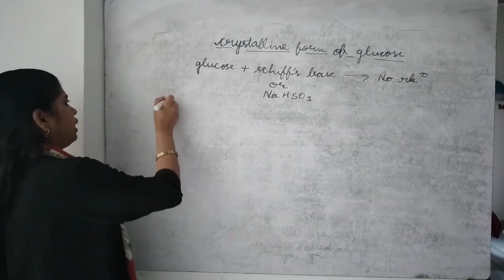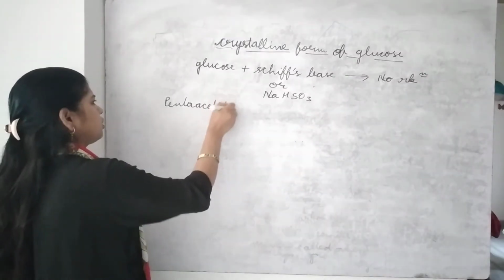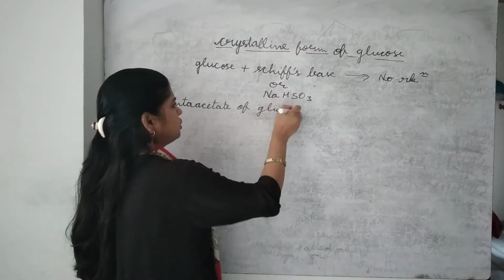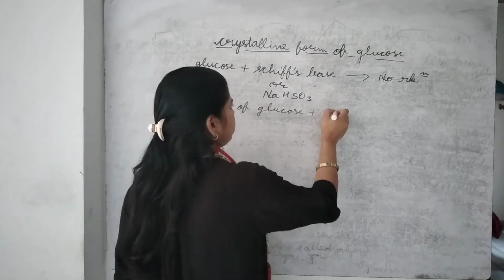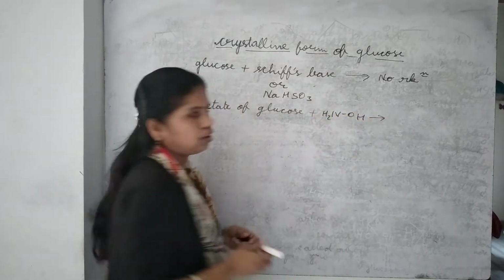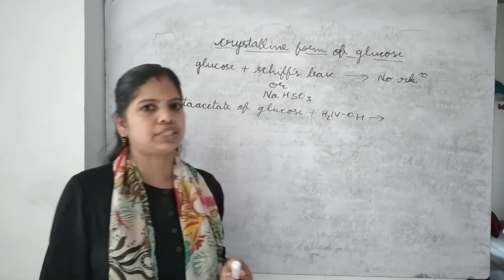Or if we take the pentaacetate of glucose and it is going to react with hydroxylamine. We had done the confirmatory test for the carbonyl group with hydroxylamine.